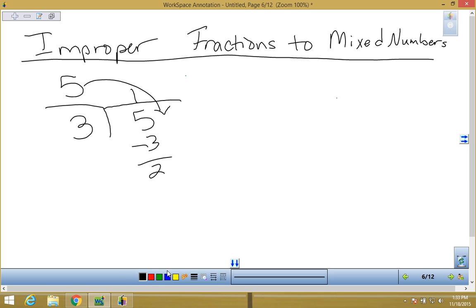Okay? This one we are going to do a little bit of labeling. So this one, your number on top, the quotient, this is your whole number. Your remainder is the numerator.